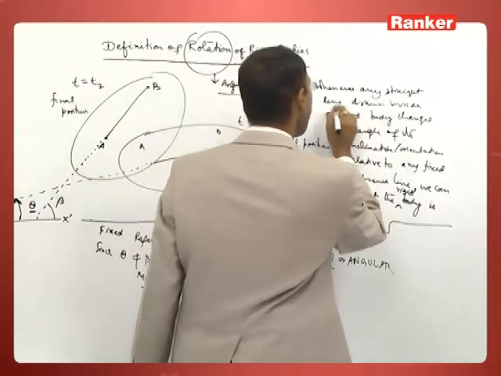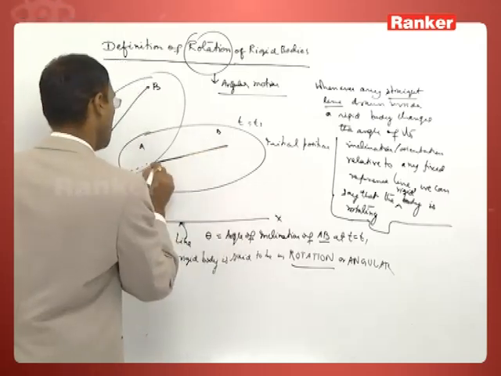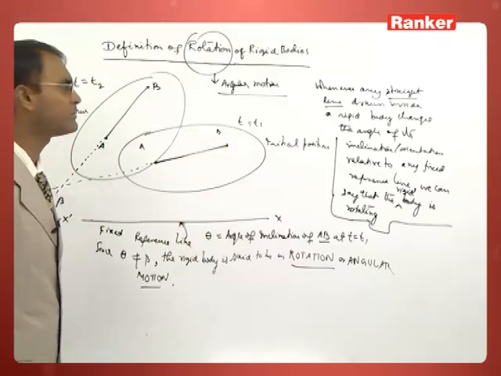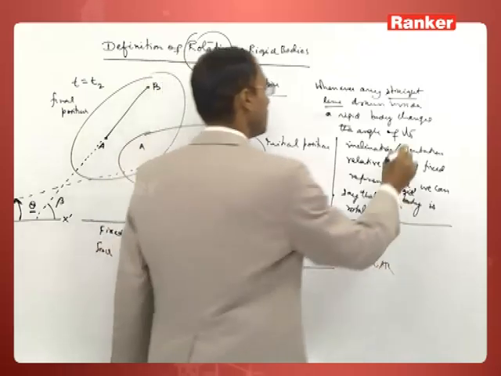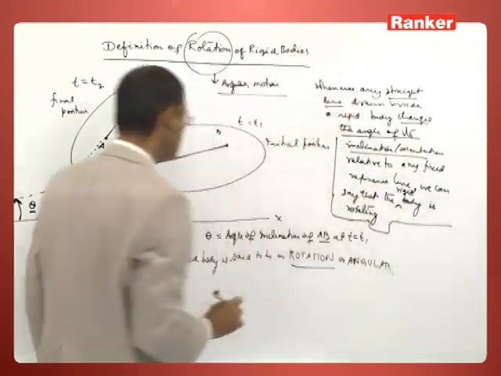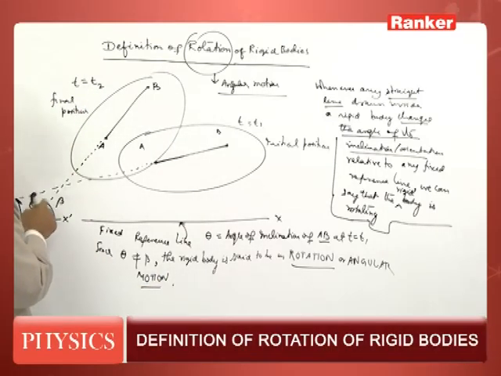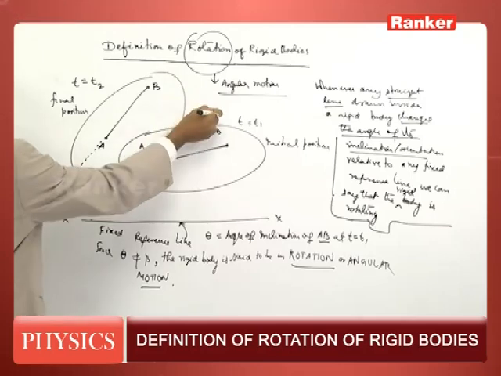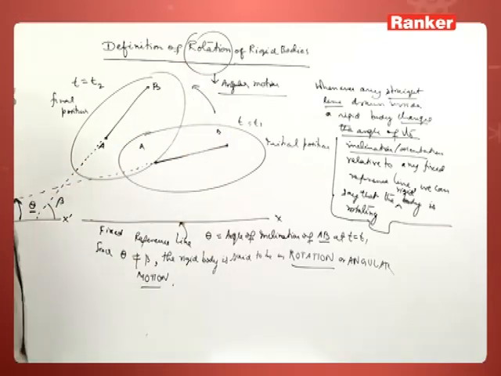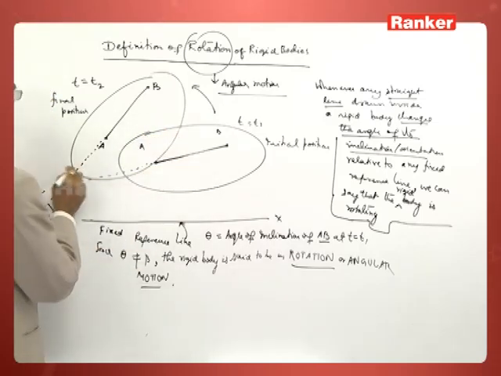Whenever any straight line drawn inside the rigid body changes its angle of orientation or inclination from theta to beta in this diagram, we say that the rigid body is under rotation.